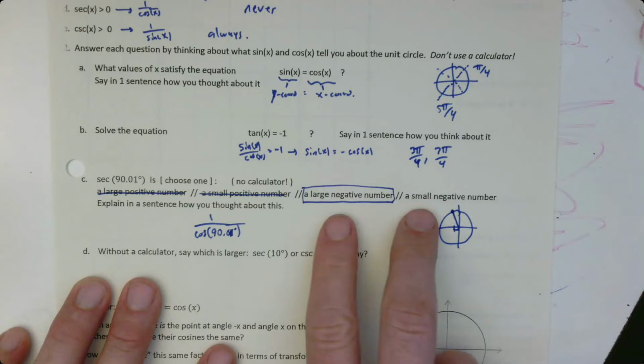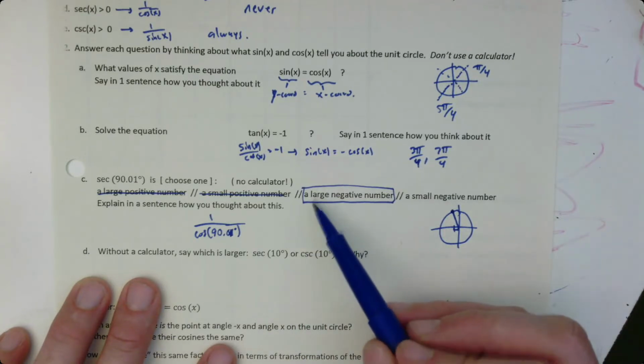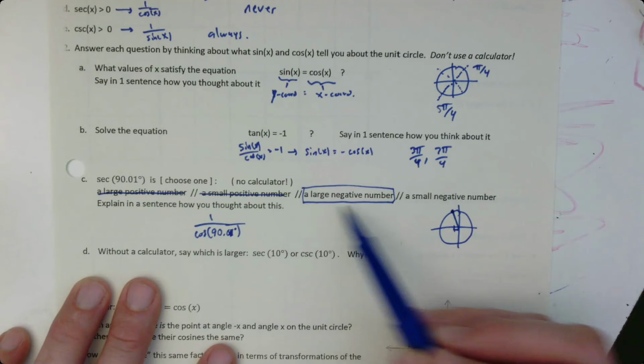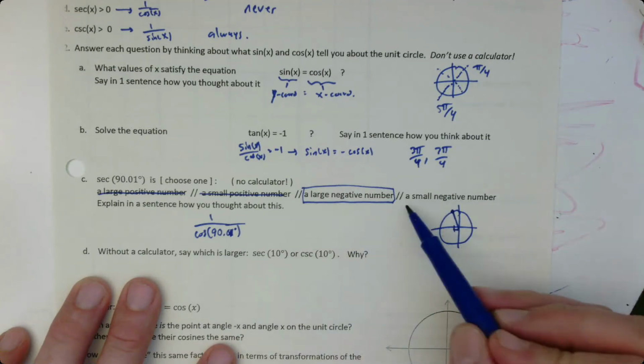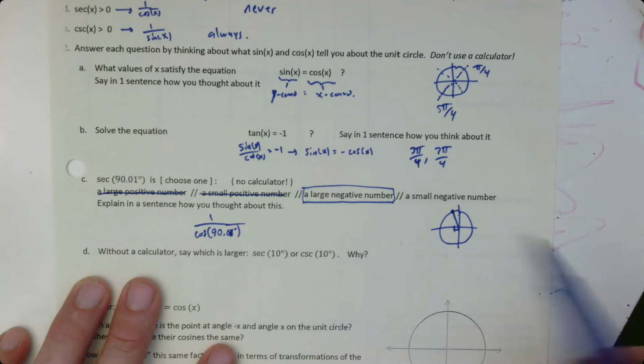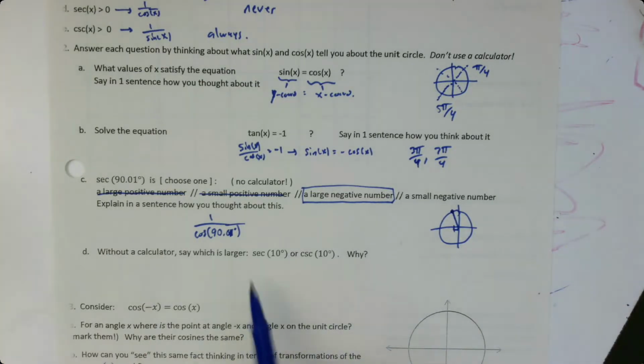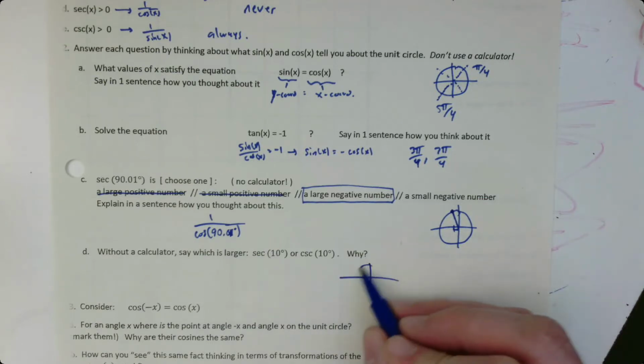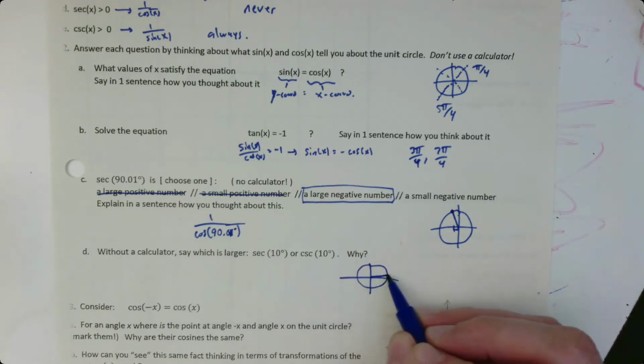There's some ambiguity in the descriptions here. My intention is a number with a large magnitude that is negative. If you said a small negative number, as long as you were sort of thinking the right thing, that's fine. So without a calculator, let's think which is larger, secant or cosecant at 10 degrees. So 10 degrees is sort of here.